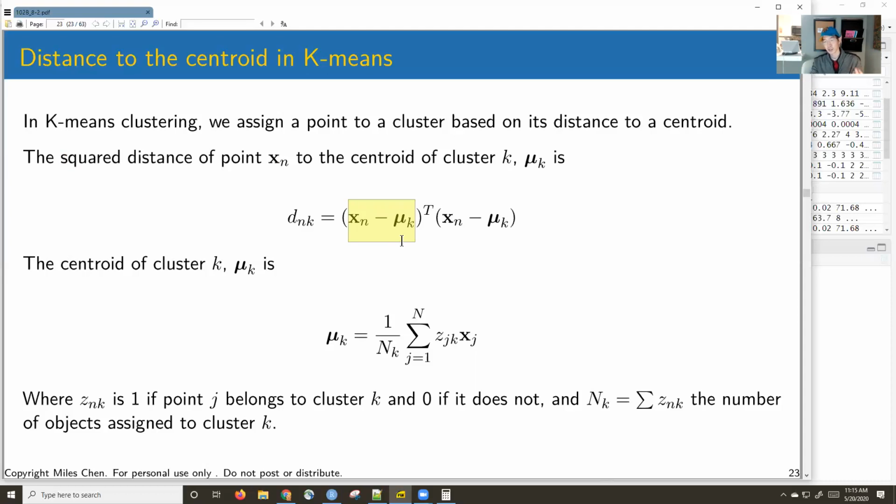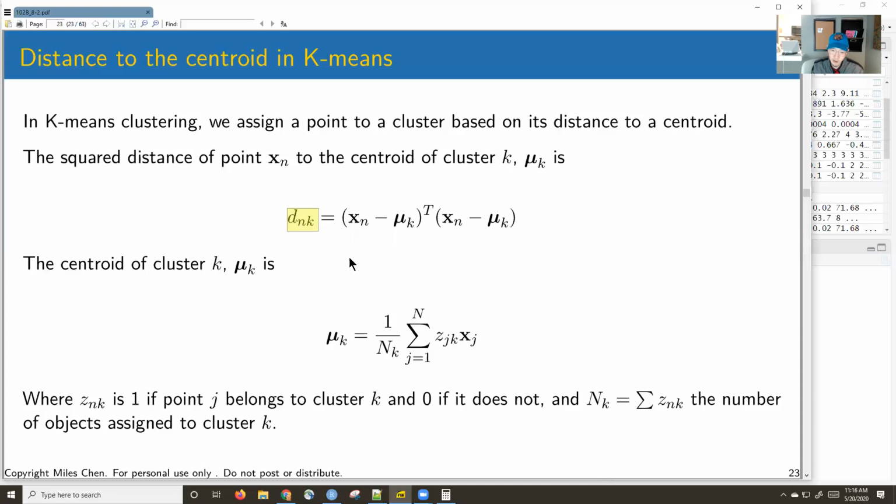So if I do xn minus mu k transpose xn minus mu k, I'm taking the difference in the x1 component squared plus the difference in the x2 component squared plus the difference in however many x components you have. You're squaring that and adding them up. That's going to be the squared distance from this point to this point. And we're taking the distance from xn to the centroid mu sub k, okay?